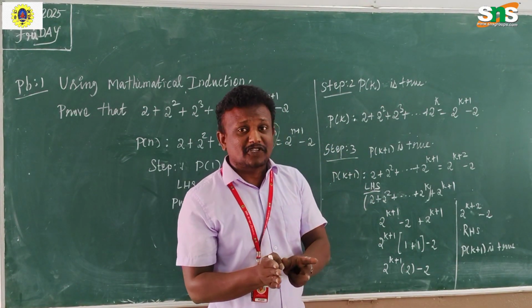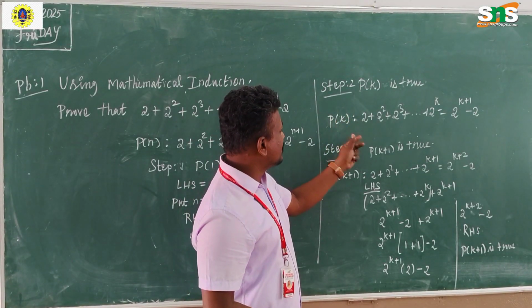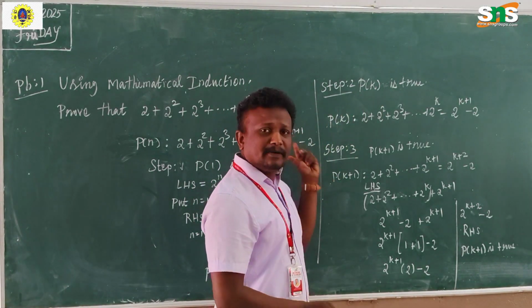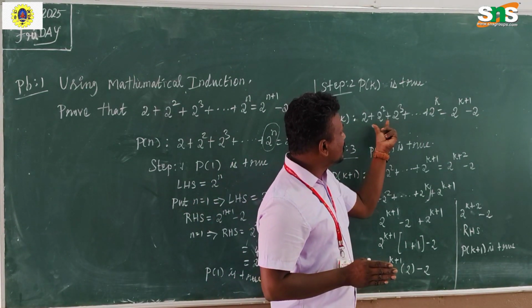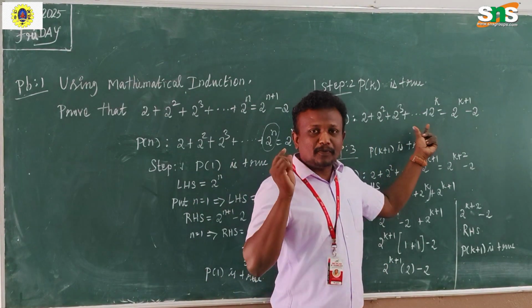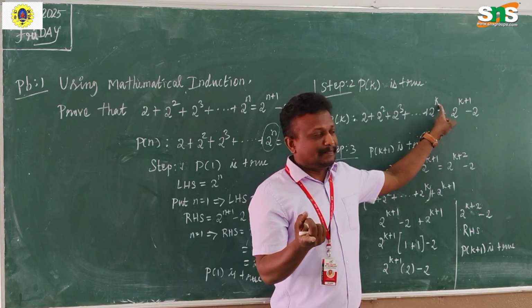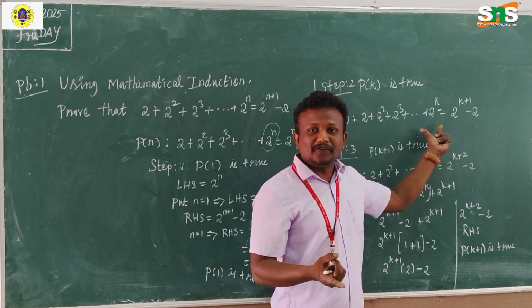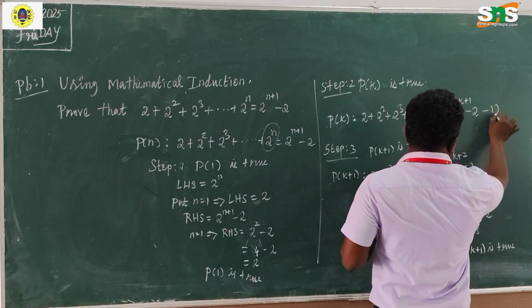To satisfy step 3, you need step 2. So always remember, we assume our given proposition is true for k, which means we write the given proposition in terms of k, so n is replaced by k. That is your proposition in terms of k. We just assume this is equation number 1.